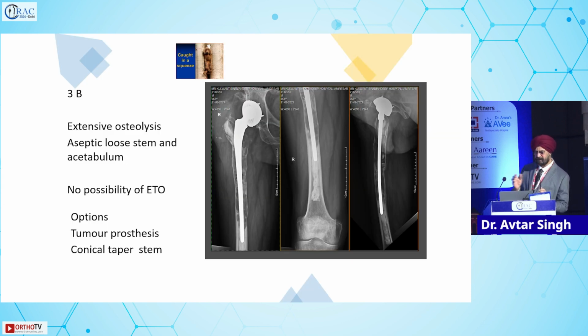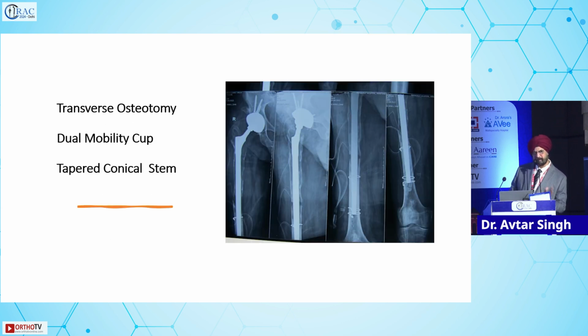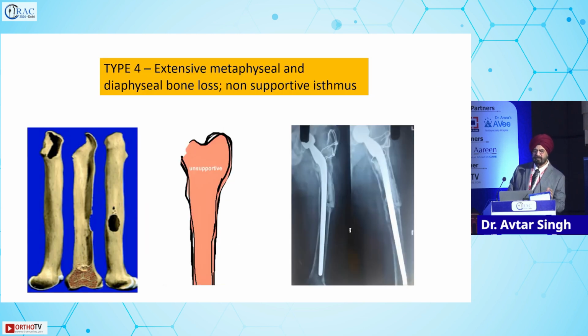Extensive cementing done by somebody else, and a lot of scarring from inside. Stem was loose, cup was loose, so I could remove the stem and cup easily. And then I was in a fix which implant I have to use and how to remove the distal cement. So I did a transverse osteotomy, removed the distal cement, and did a long tapered fluted stem, and it worked pretty well.